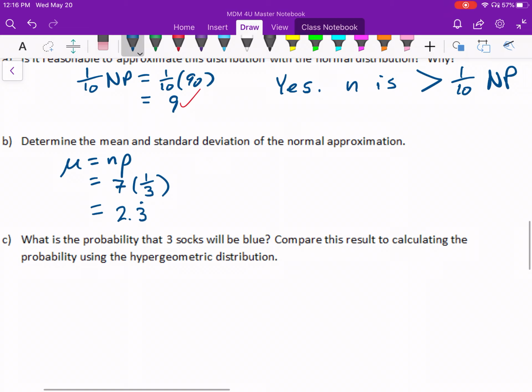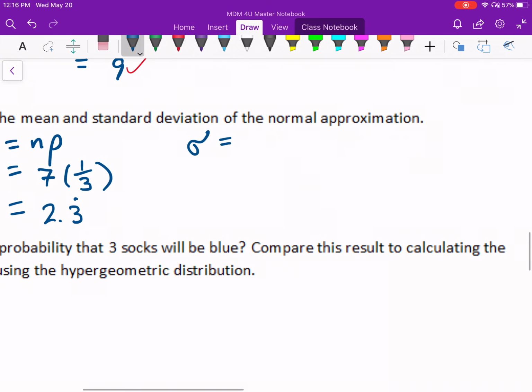Our standard deviation is equal to npq times N minus n over N minus 1, and we take the square root of that. Well, let me just write it out again. Not a lot of room, but probably for the best. npq times N minus n over N minus 1, and we take the square root of that.